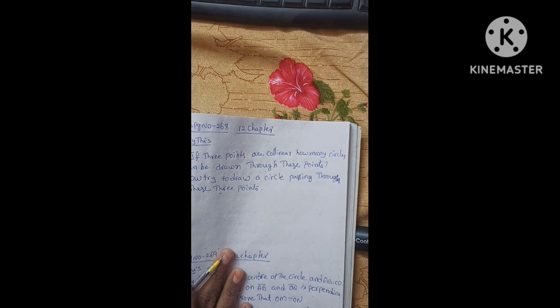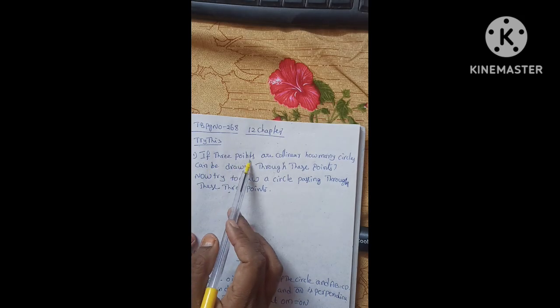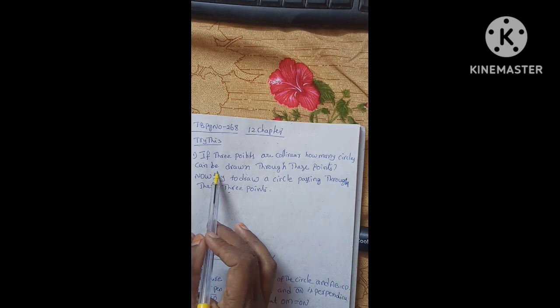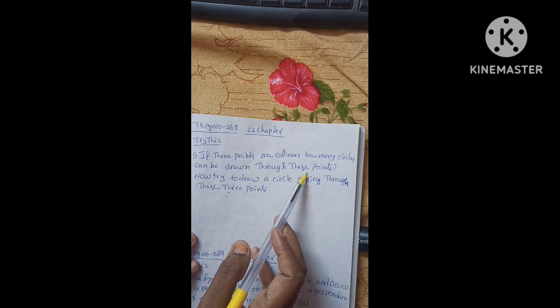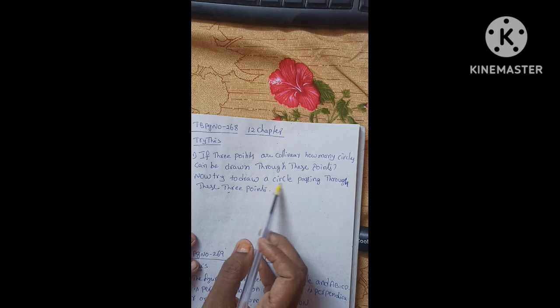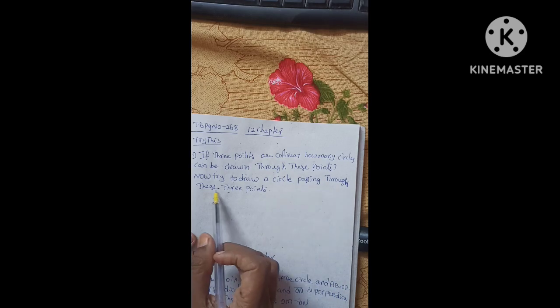If 3 points are collinear, how many circles can be drawn through these points? Now try to draw a circle passing through these 3 points.